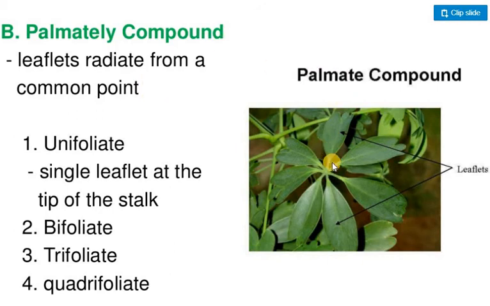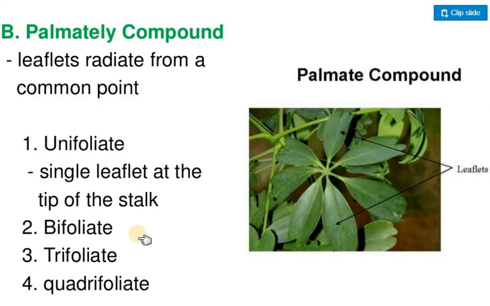Here you can see that in this palmately compound leaf there is a petiole, and from one point all the leaflets are arranged. So in a palmately compound leaf, leaflets start from a single point. If it has only one leaflet, it is called unifoliate.